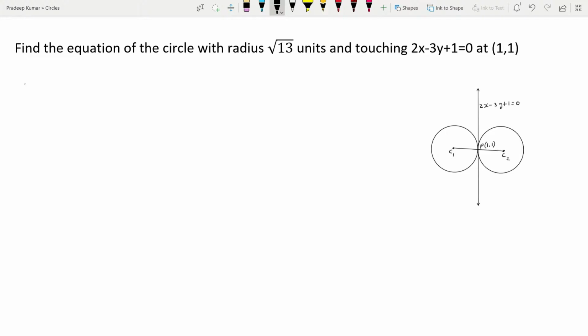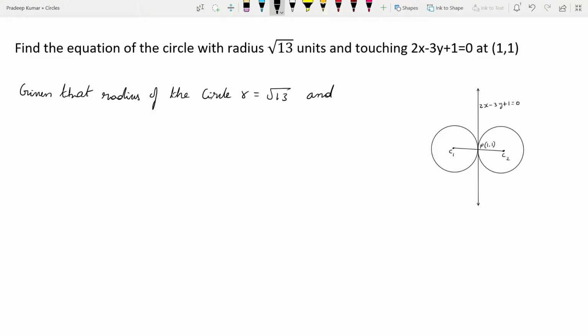So I'll write the given. Given that the radius of the circle, which I'm just writing as r, is √13. Okay, so they are touching a line, right?